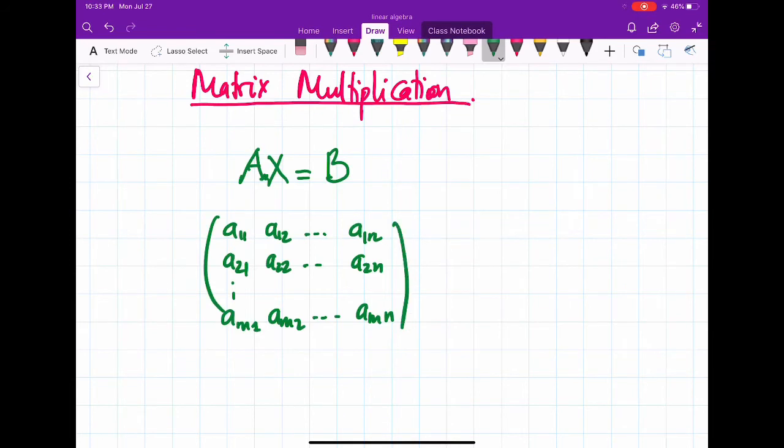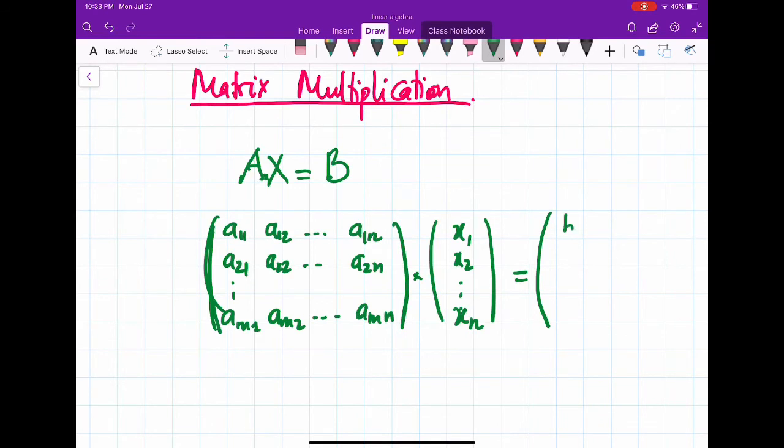So basically you have n variables, right, and m equations. Multiply with x1, x2, and so on, xn. This is equal to b1, b2, and bm, right?